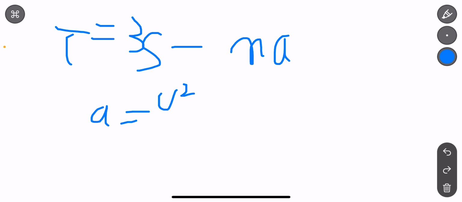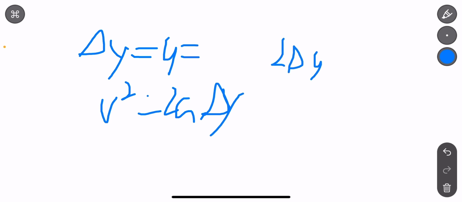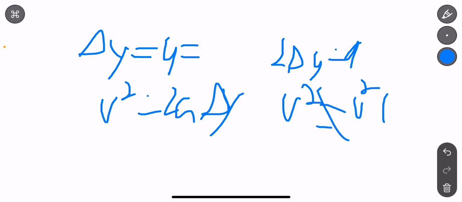Oh wait, before we even do that, we need to find this. Delta y is equal to 4.5, and v squared equals v0 squared plus 2a delta y.